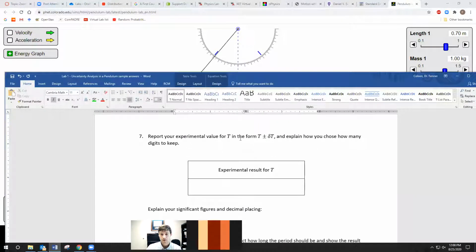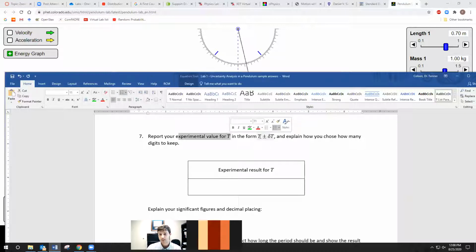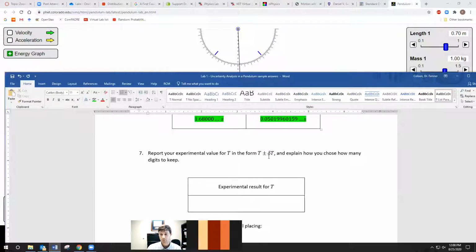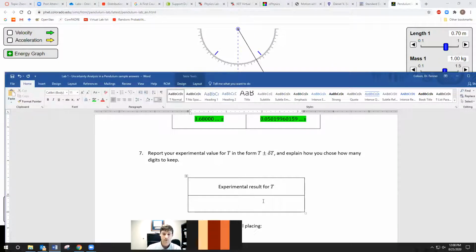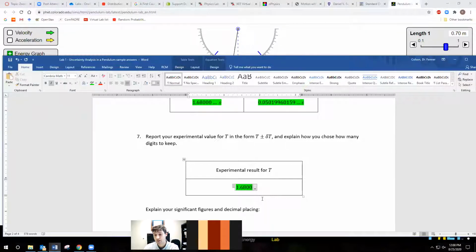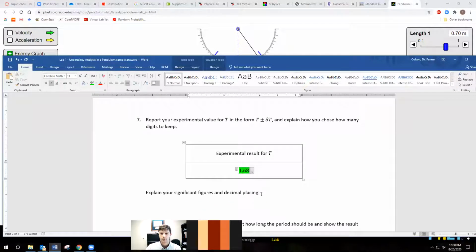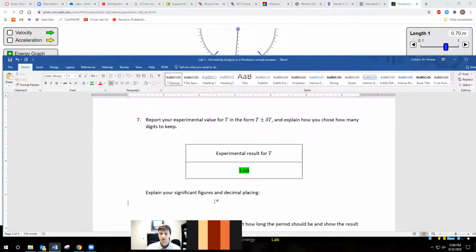And so, when reporting our experimental value for t, we have basically our average period, which we've calculated, plus or minus our uncertainty. And so our average value is 1.68. It's possible that when we did the calculation, if we had more digits of precision, we would have to truncate them to just two decimal places, because that's the limitation in the stopwatch.